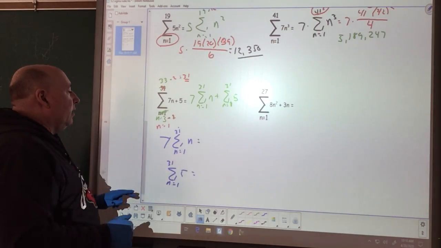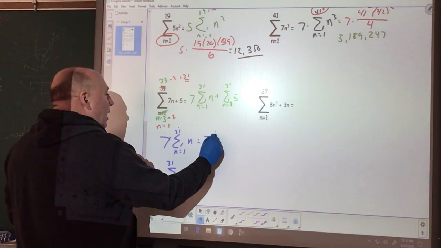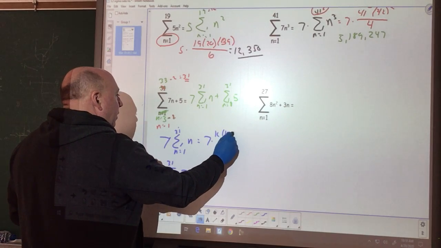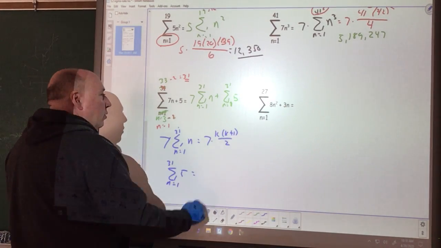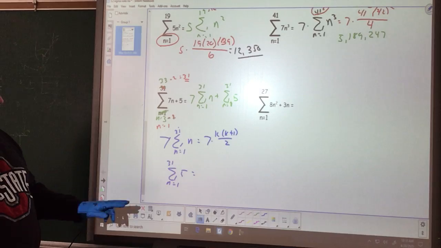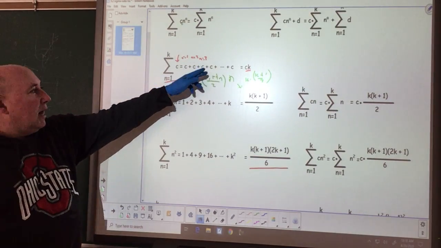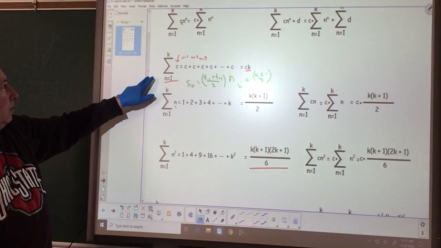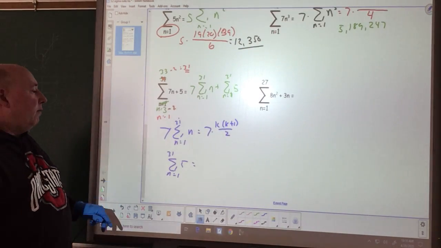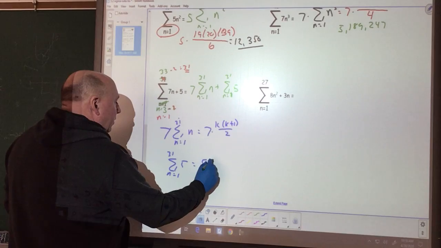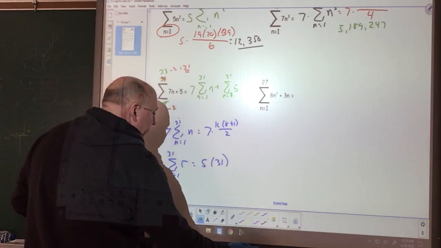So we have 7 times k plus 1 divided by 2. When I have just a constant, I take my constant times my k value. So I have 5 times my 31.